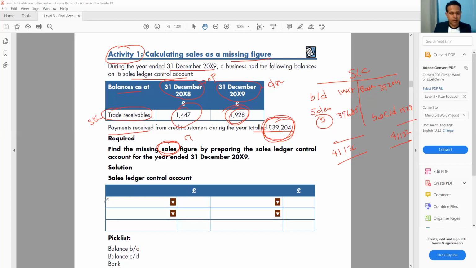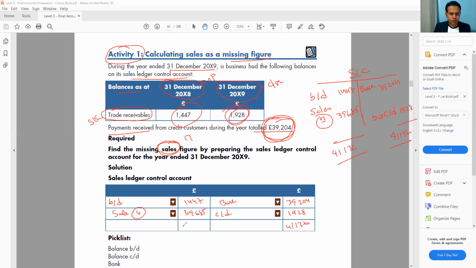So all you need to do is write the same thing here. Balance b/d 1447, bank 39,204, balance c/d 1928, and the sales is the balancing figure, that is 39,685.